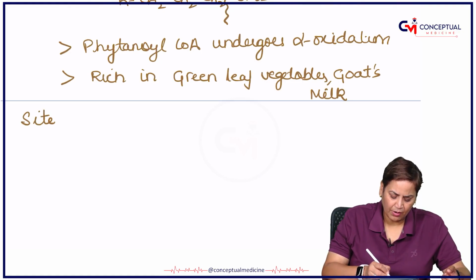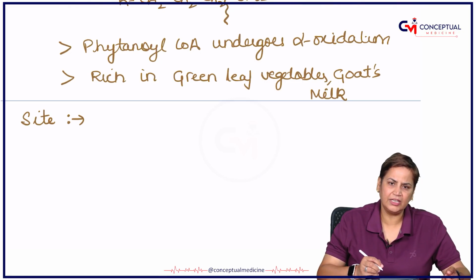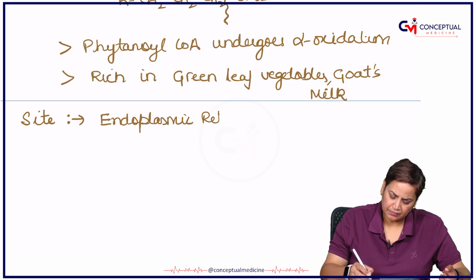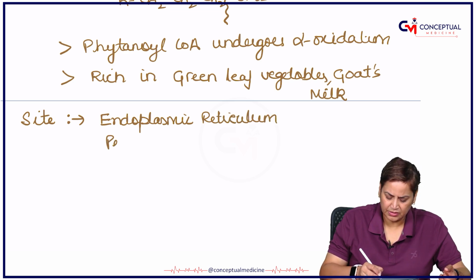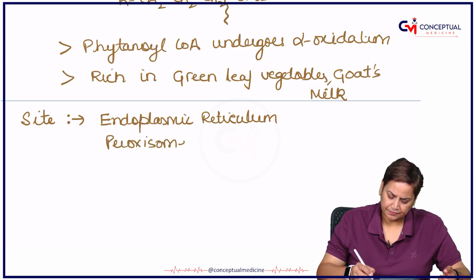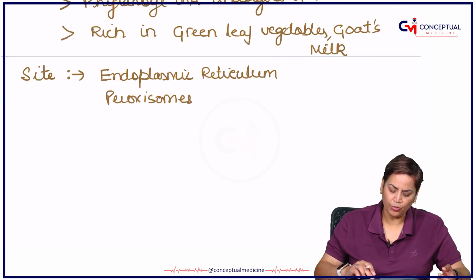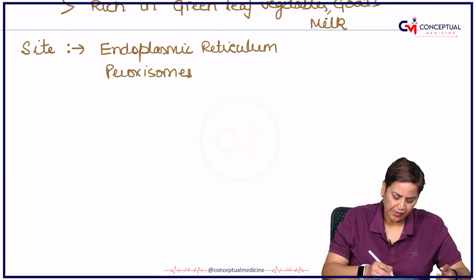So if we talk about the site of alpha oxidation, it is mainly in the endoplasmic reticulum and in the peroxisomes. Right. And then the third one is omega oxidation.